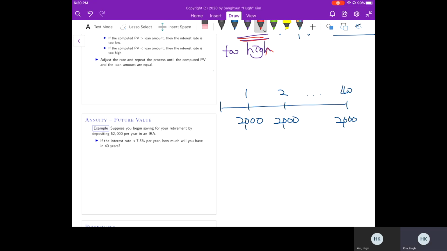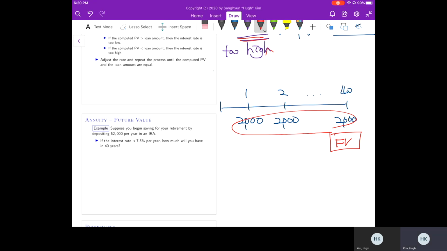Then you're curious, how much will you have in your account after 40 years? That should be the future value of these cash flows.